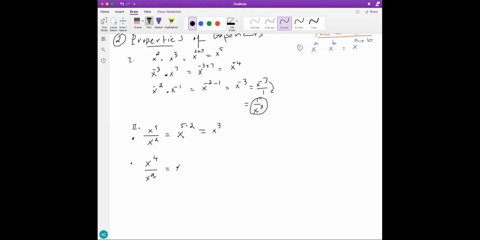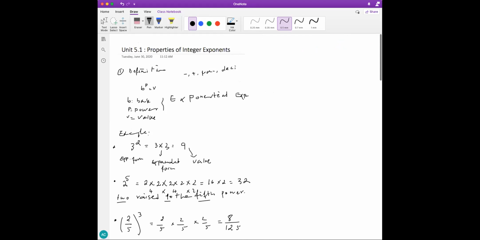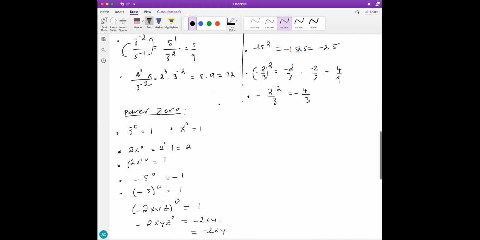This will be x to the 4 minus 9, which is? -5. That's right, it will be -5. Be careful with your signs here. It's very important that you master your signs of addition, subtraction, multiplication, and division. It's all about signs here, as you saw earlier. One minus could make the whole thing different.